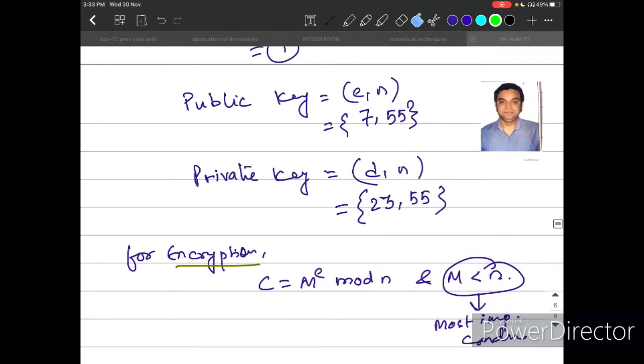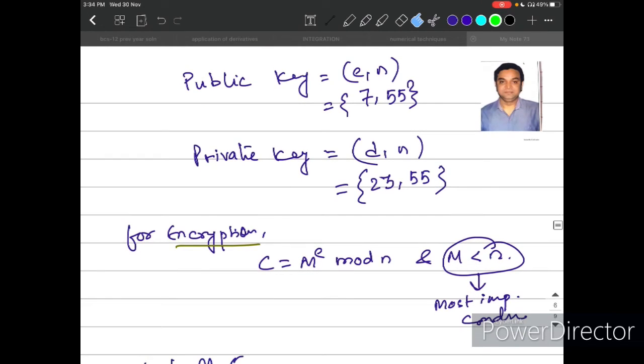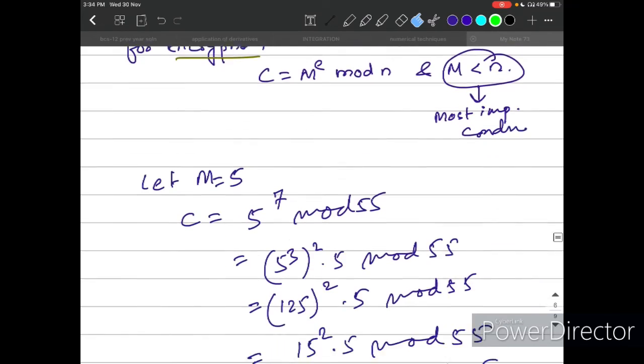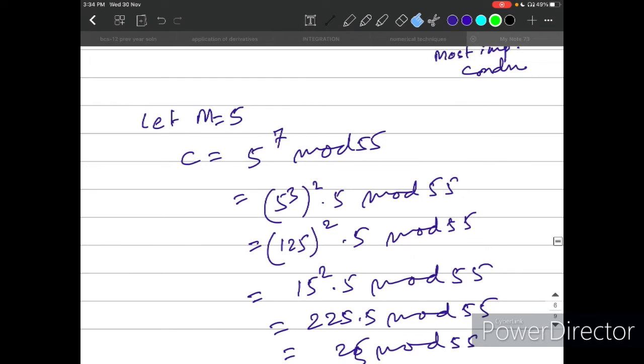So the public key is 7 and the private key is 23. Okay, for encryption the formula is C equal to M to the power of E mod n and M should be less than n. Okay, we have taken an example. Let me solve it.